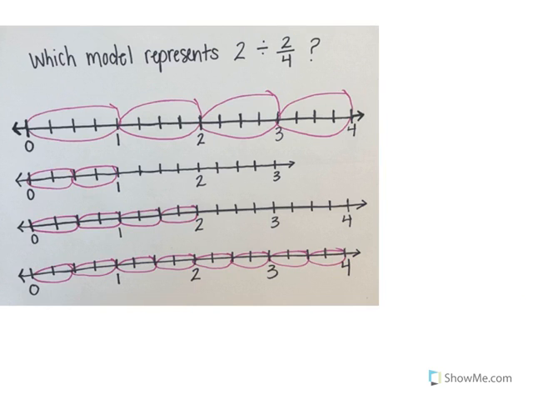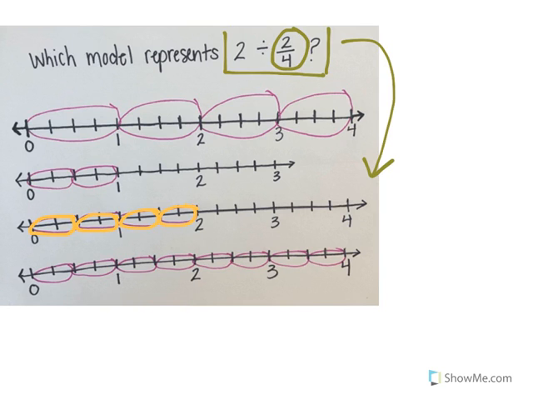Okay, so just to make sure that we can look at it without all those other distracting colors, 2 divided by 2/4 is represented by this model because these smaller groups of 2/4, aka our divisor, are represented by these circles showing the groups of 2/4.